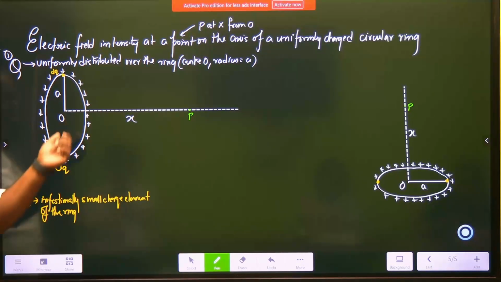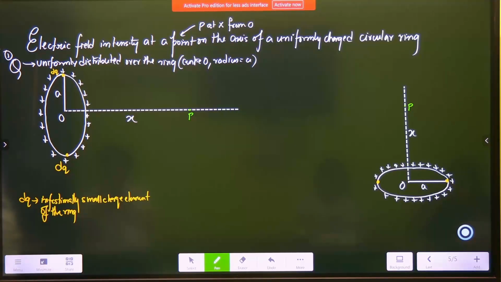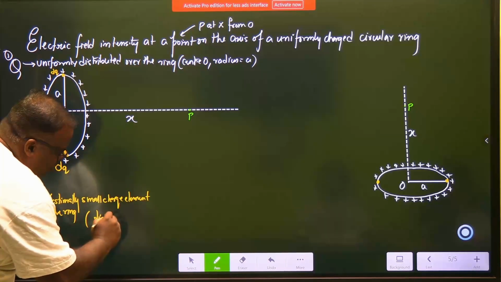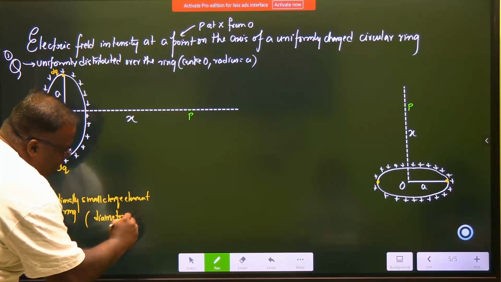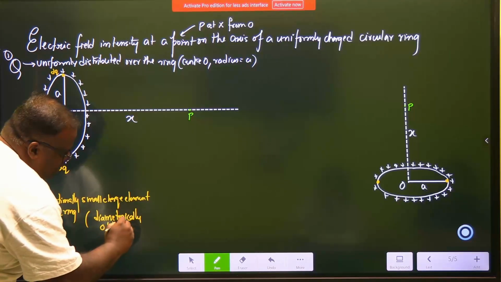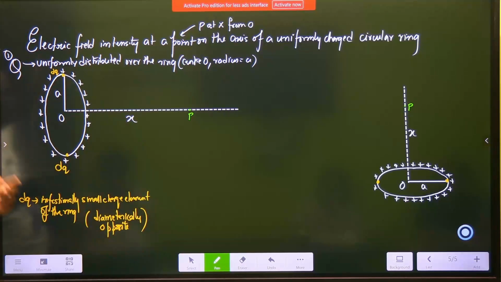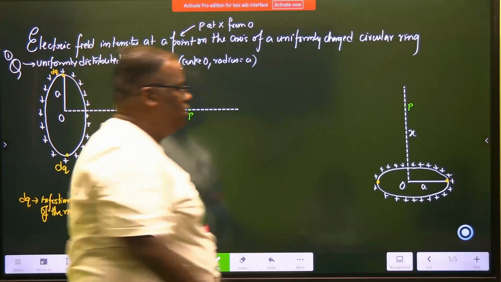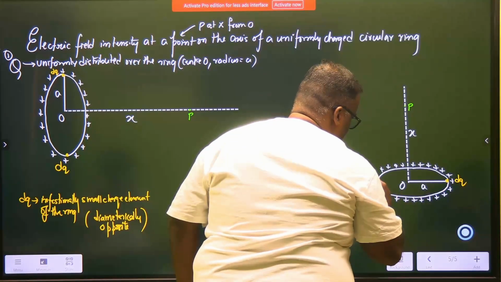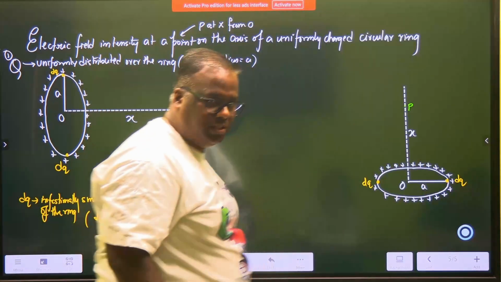We have taken two such dqs which are diametrically opposite to each other. Are you able to visualize this? What is diametrically opposite on the ring? One on this side, one on this side. So this is a dq region, this is a dq, and this is a dq.